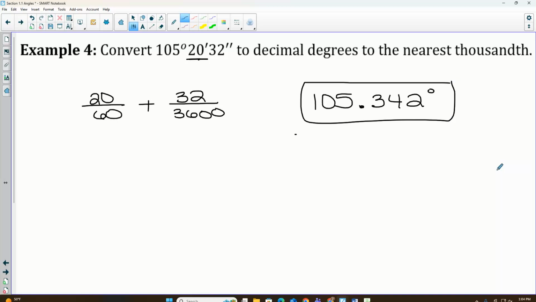Rounding if needed. So the degree part is just your whole number. You take minutes divided by 60, seconds divided by 3,600. Is that okay?